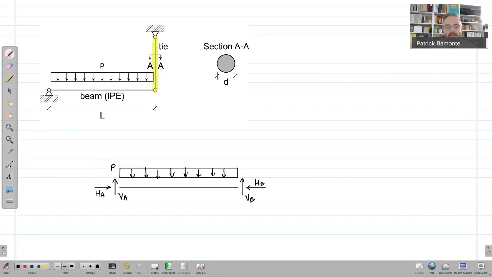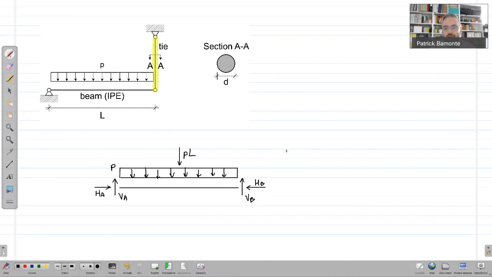Now, as regards rigid body equilibrium, we can concentrate the load at the midspan, where there is the line of action of its resultant. And we can write here the resultant force, which is clearly PL, the value of the distributed load multiplied by the length L. And by means of this set of loads, we can write equilibrium equations. What are the equilibrium equations?